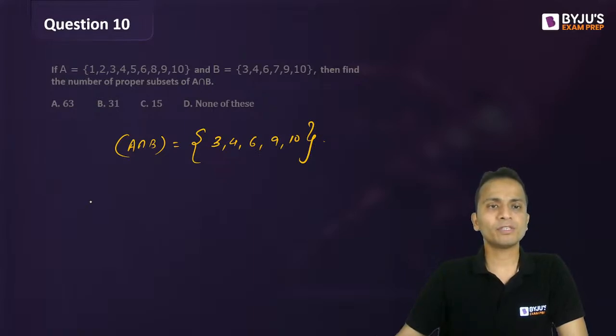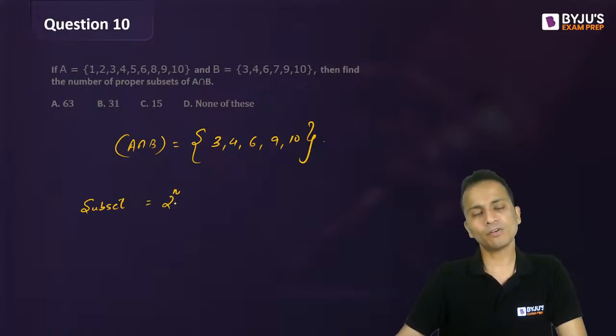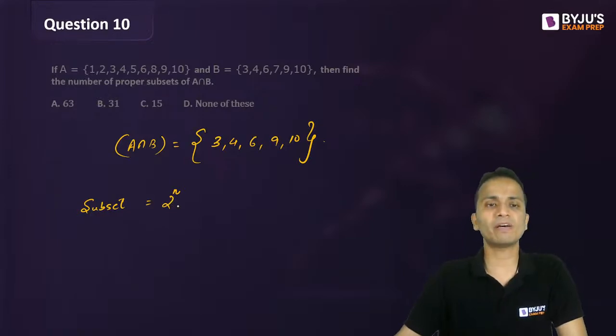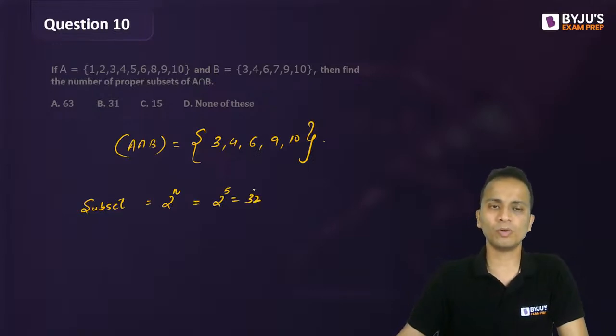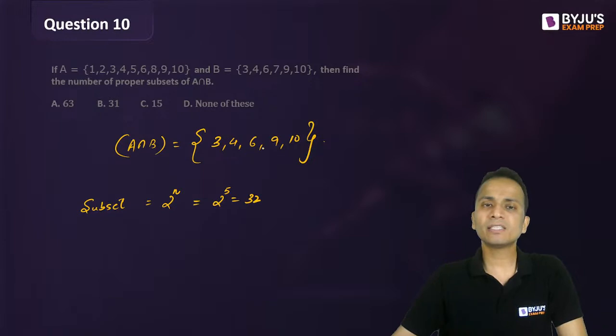Now number of subsets is equal to 2 raised to the power n. So total number of subsets in this case will be 2 raised to the power 5, that is 32. Here n is the number of elements.